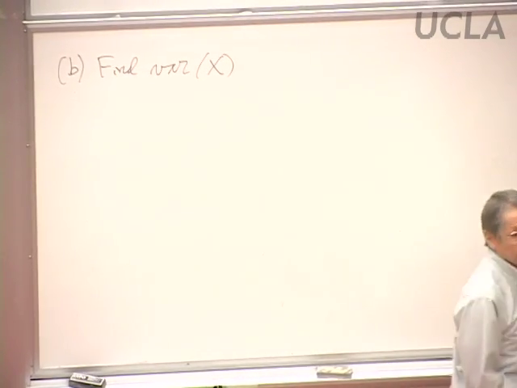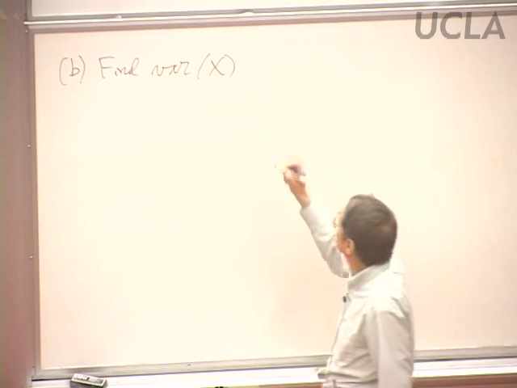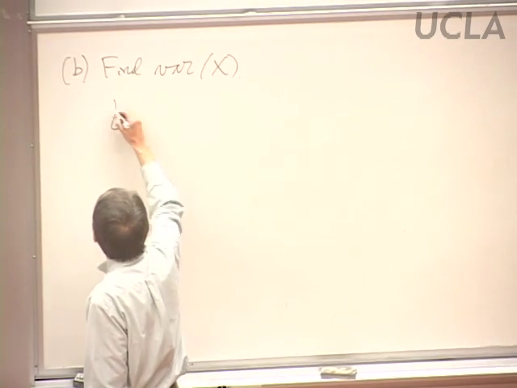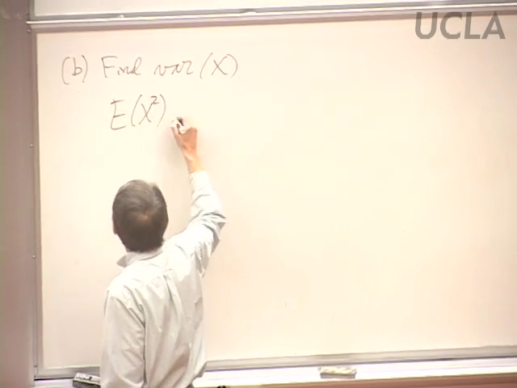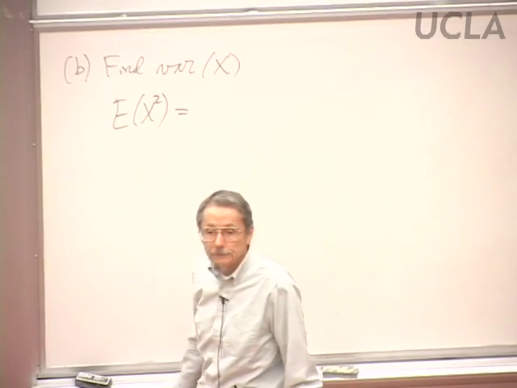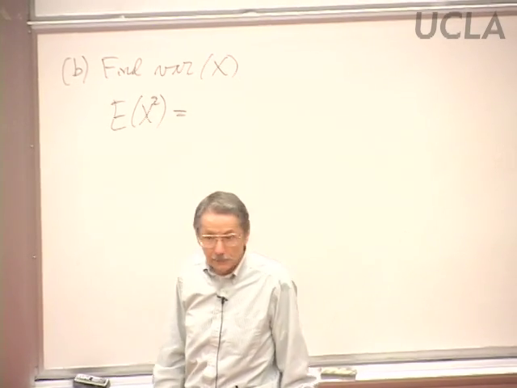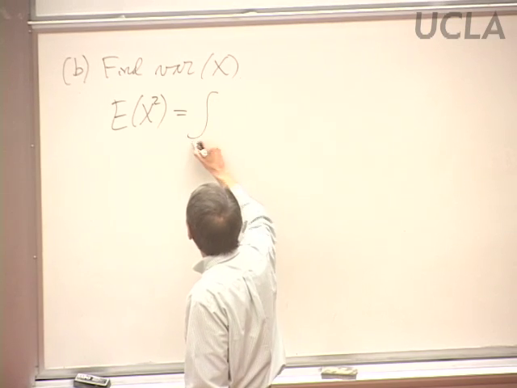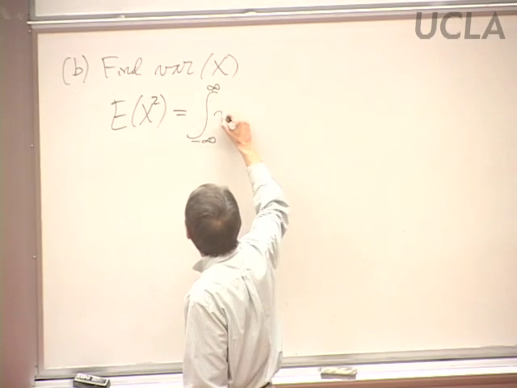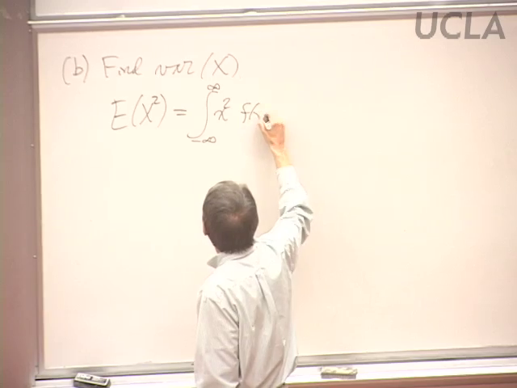So we'll work it out. First, let's calculate the expected value of x squared. Okay, so we have to integrate x squared times the density.